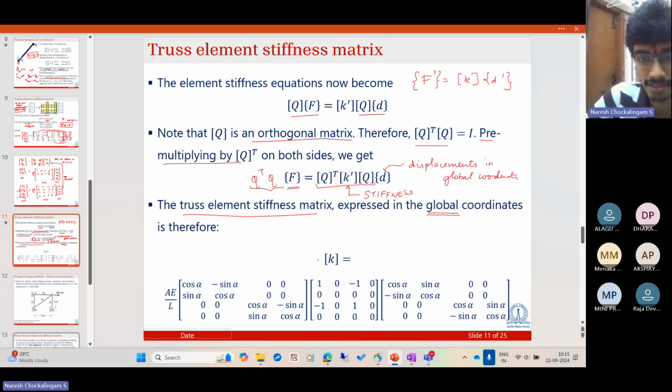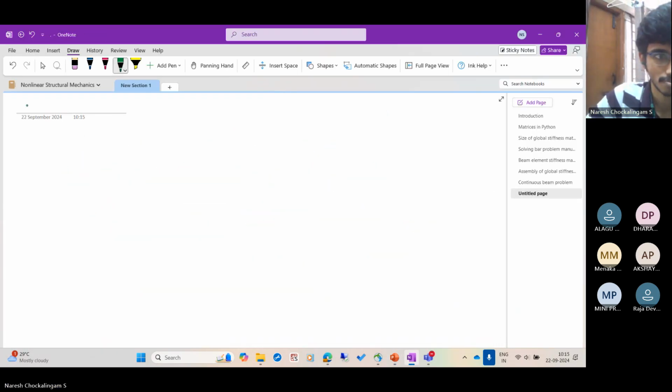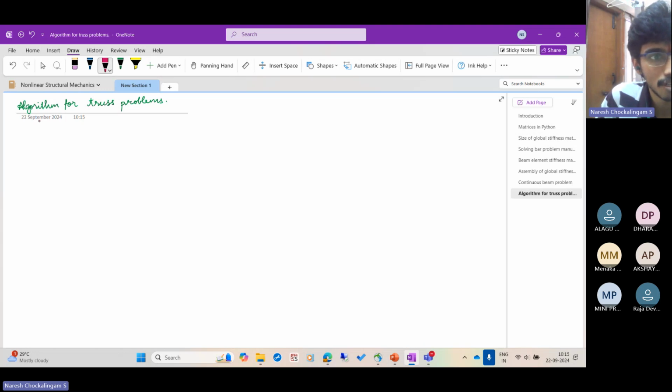Now let us look at the algorithm for coding it. Algorithm for truss problems. Now you should be able to tell. What is the first step?